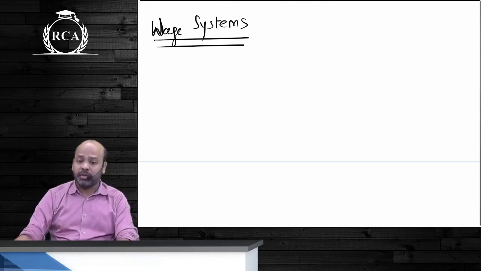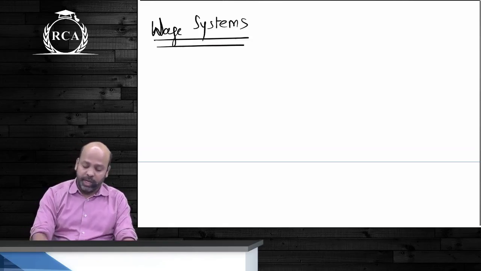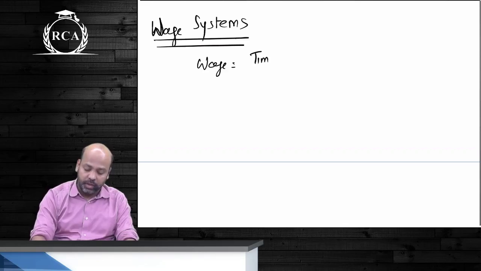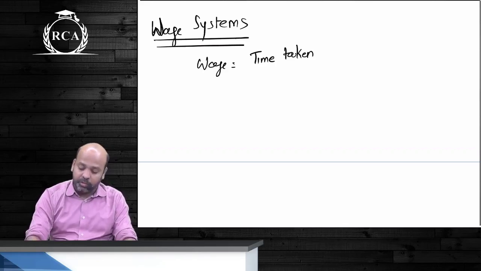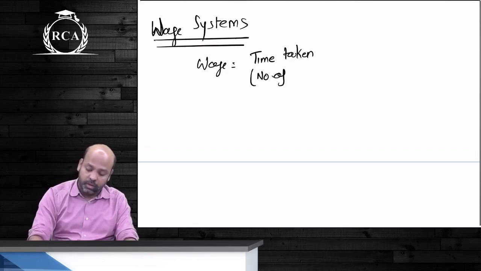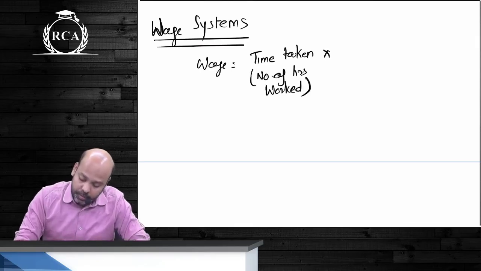Wage system can also be on the basis of number of units manufactured. If it is paid on the basis of number of hours of work, we write wages will be equal to the time taken, the number of hours worked, into rate per hour.